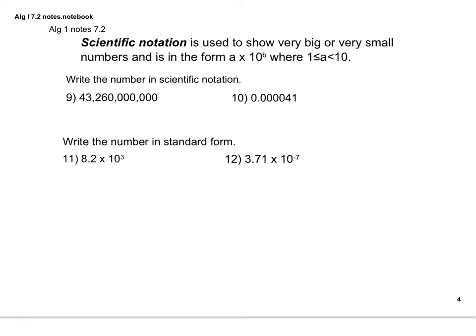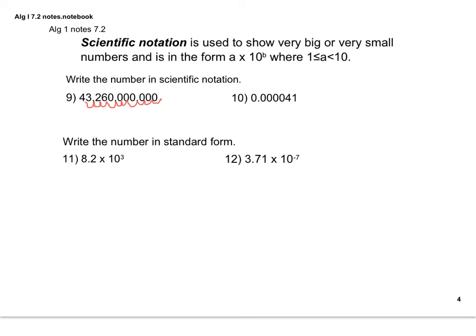Let's count how many places I would need to move the decimal for number 9, and that's how many place values we're going to put in there for b. So I start right there with my decimal, and I've got 1, 2, 3, 4, 5, 6, 7, 8, 9, and 10.